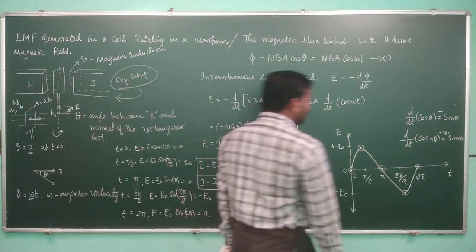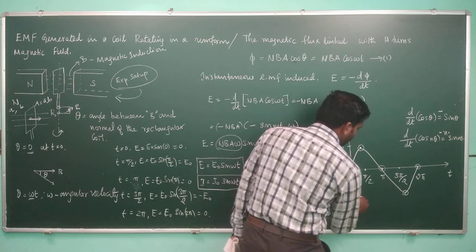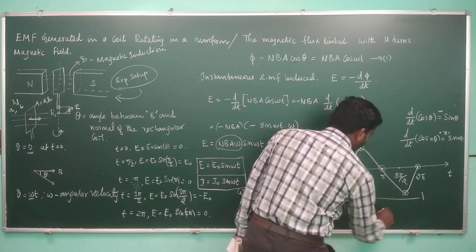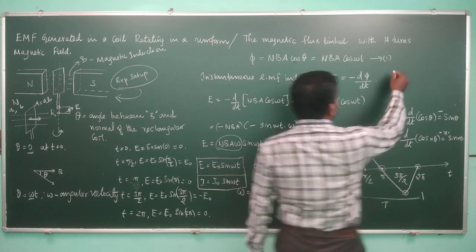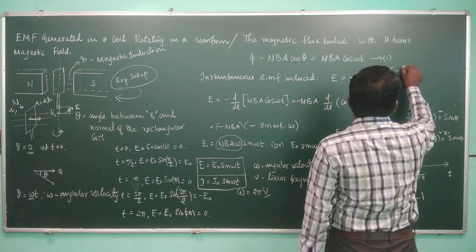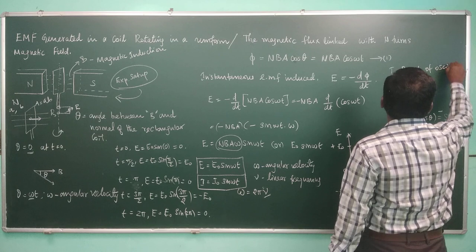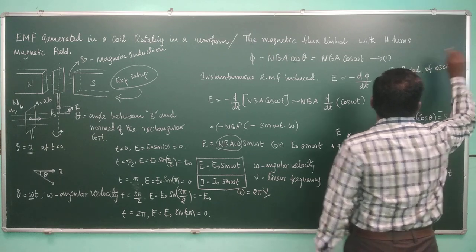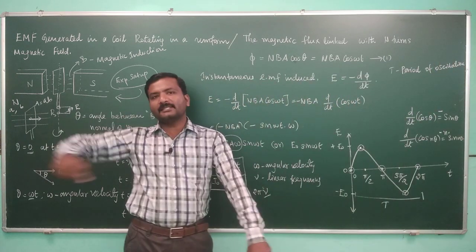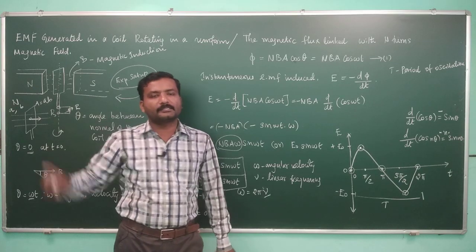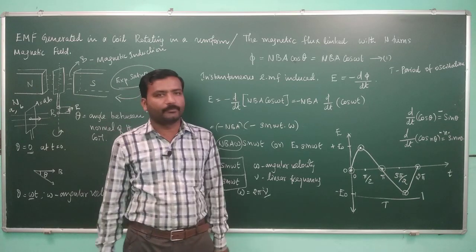Now the period of oscillation is the time taken to complete one cycle. T is the period of oscillation, that is, the time required to complete one cycle of this particular EMF.